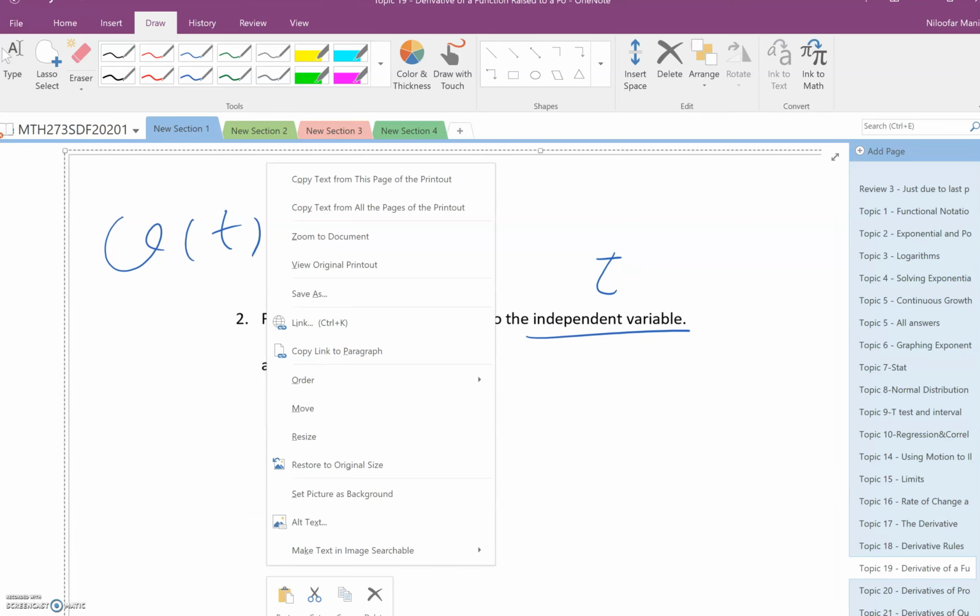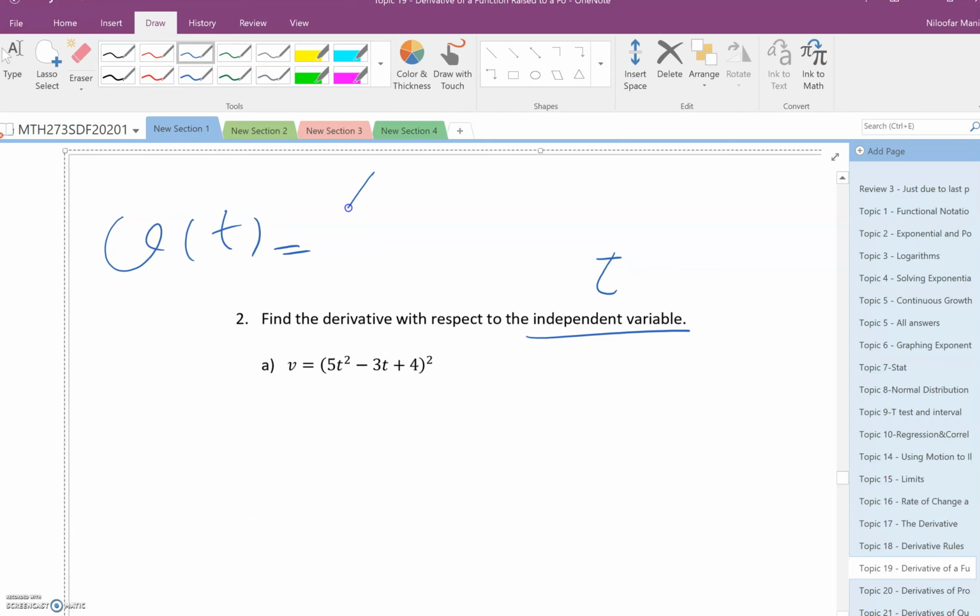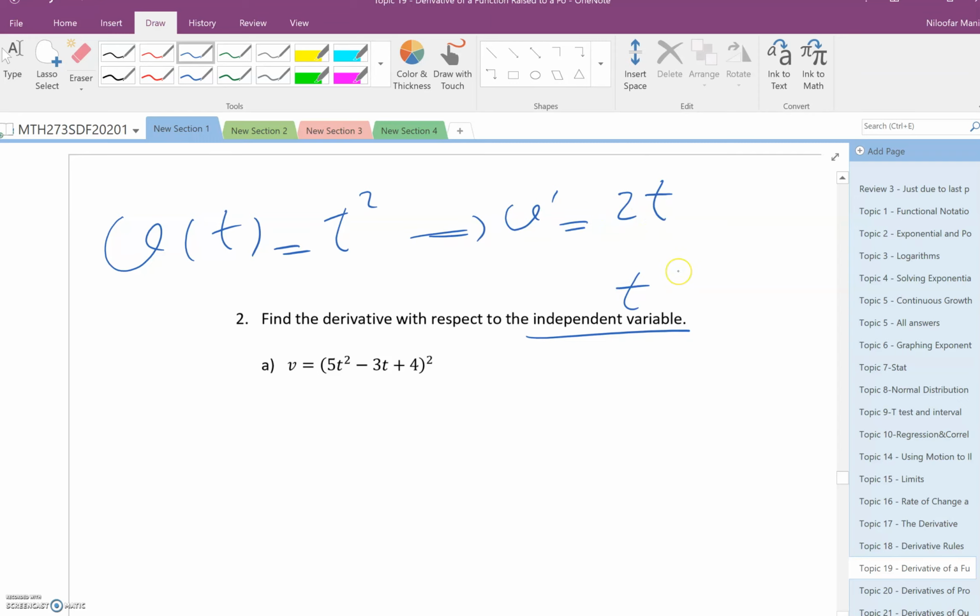So first you have to tell me, if you have y of t equal t squared, what is y prime? y prime is 2t, yes? But you don't have t, you have something else. You have a function of t: 5t squared minus 3t plus 4. So you tell me.